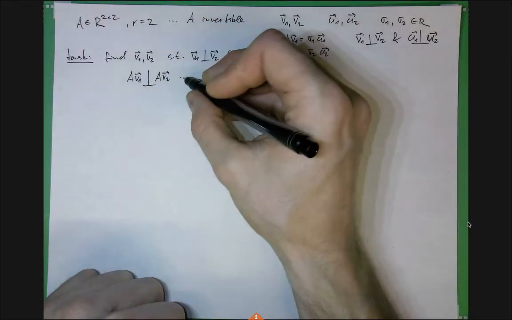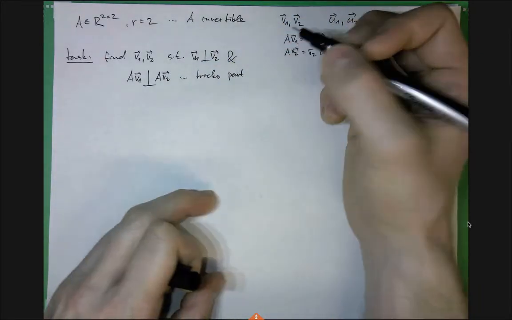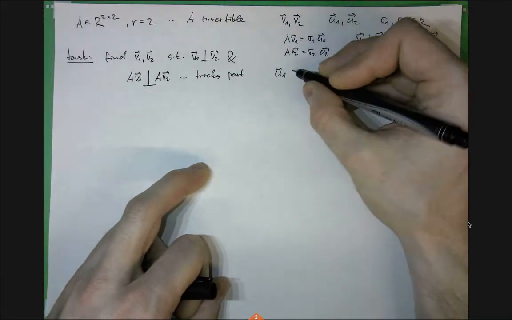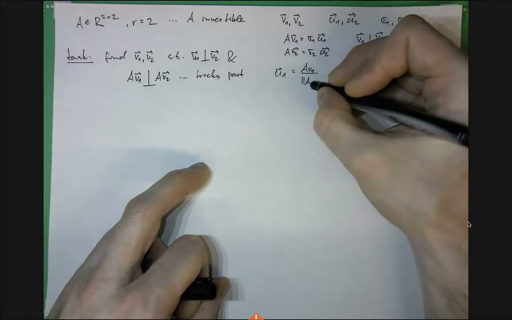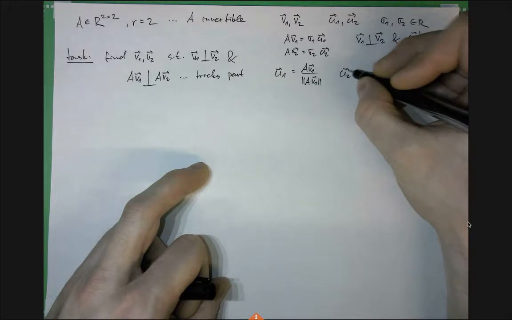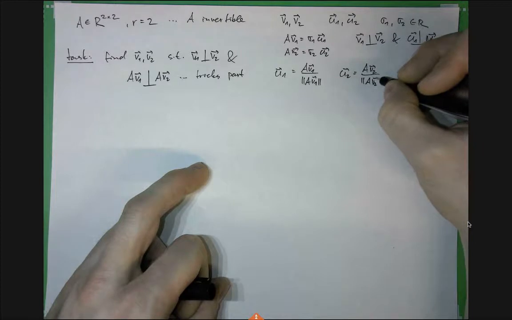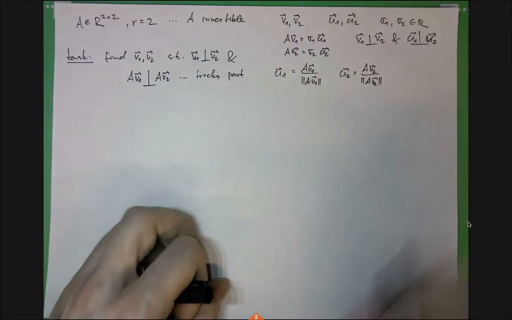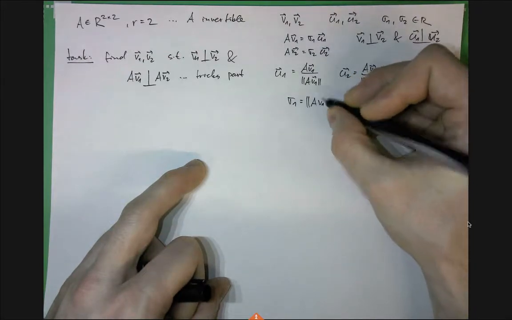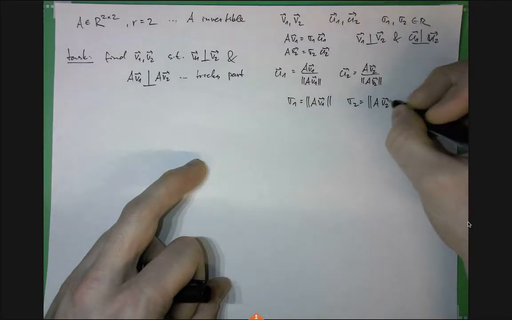That's the tricky part. Because if I do this, then I can just take U1 being AV1 divided by the norm of AV1, and U2 being AV2 divided by the norm of AV2. And these norms will be exactly the singular values. So sigma 1 will be the norm of AV1 and sigma 2 will be the norm of AV2.